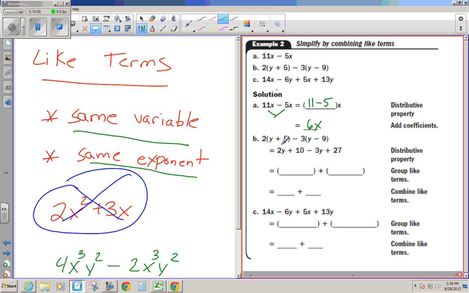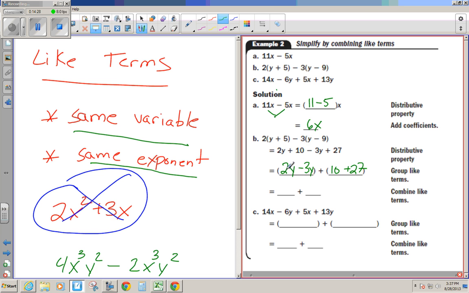Here, it says use the distributive property. 2y times 2 is... 5 times 5, 10. 3 times y, 3y, 3 times 9, 27. And now basically we're going to group like terms. 2y minus 3y, 10 plus 27.